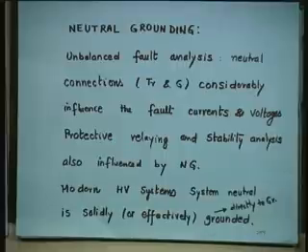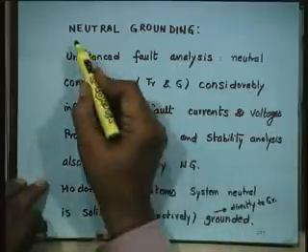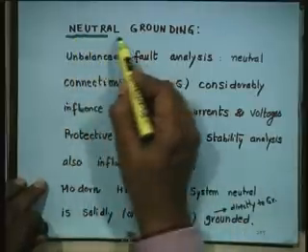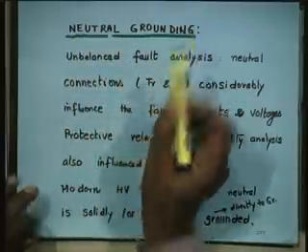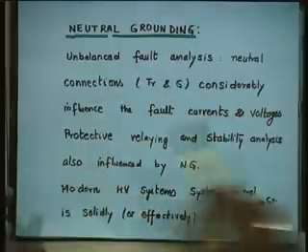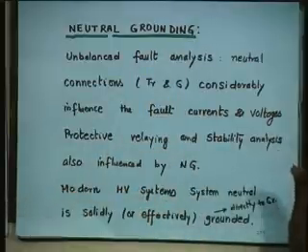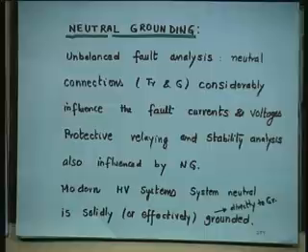The third capsule in this is on grounding, neutral grounding, which we are especially more interested in. Grounding is a very important topic in electrical engineering. In any circuit, you have to first see where is the ground, what is grounded. Even while doing practicals, you see what is ground.